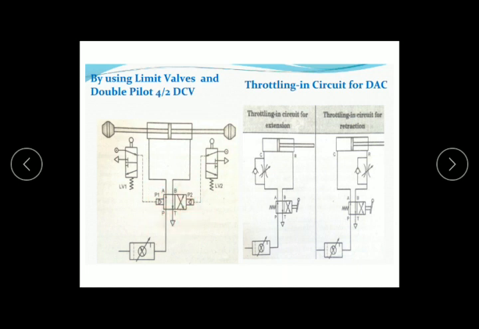Then throttling in the double acting cylinder. Basically, throttling in is the meter-in circuit for the pneumatic system. From the FRL unit, air is passing through the first position. There is one construction in which there is a combination of a non-return check valve and a variable displacement flow control valve.